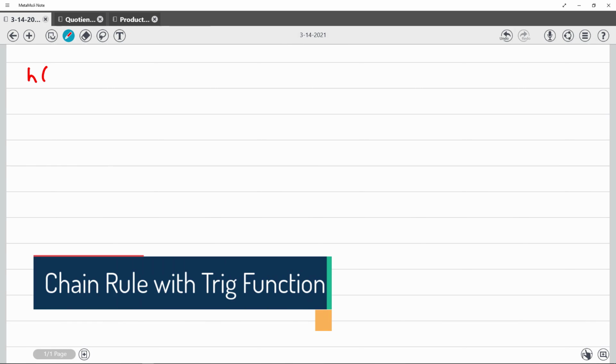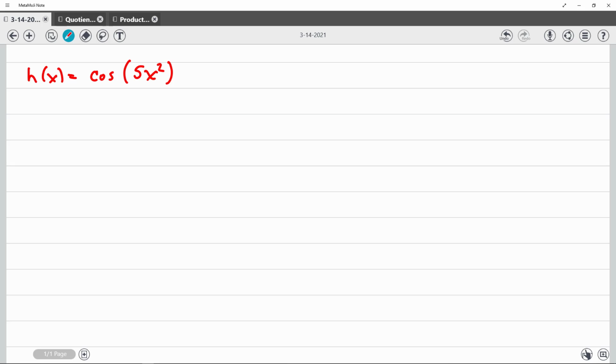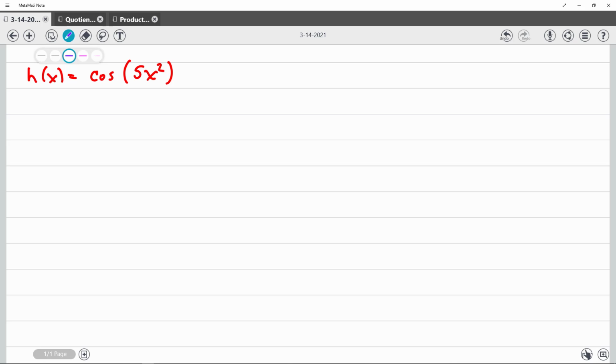Okay, let's say we have this function, cosine of 5x squared. So we know that we can find the derivative of the cosine, which is negative sine. Negative, well, let me put my little derivative here.